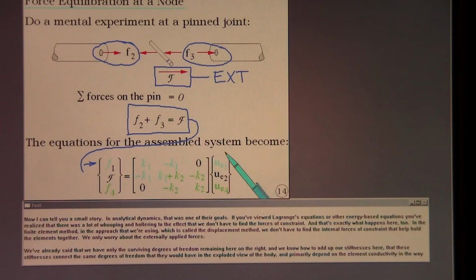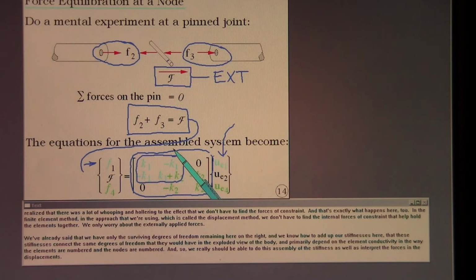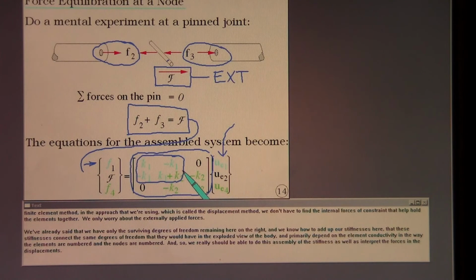We've already said that we have only the surviving degrees of freedom remaining here on the right, and we know how to add up our stiffnesses here, that these stiffnesses connect the same degrees of freedom that they would have in the exploded view of the body, and primarily depend on the element connectivity and the way the elements are numbered and the nodes are numbered. And so we really should be able to do this assembly of the stiffness as well as interpret the forces and the displacements.